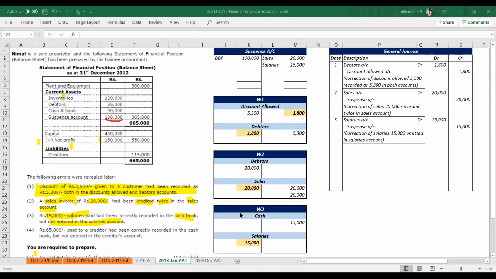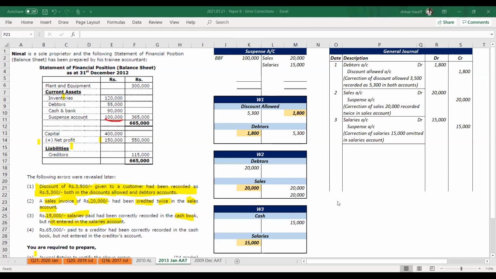Yes, in the current assets. If it is on the credit side, we record it under current liabilities because it's a temporary account. Once the errors are corrected, this balance should be removed from the account. So it's a temporary balance.